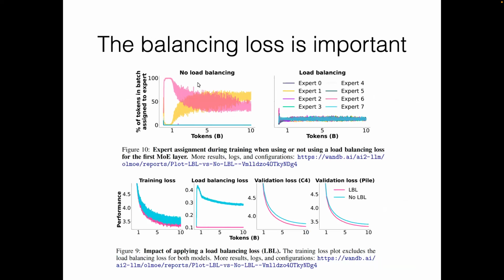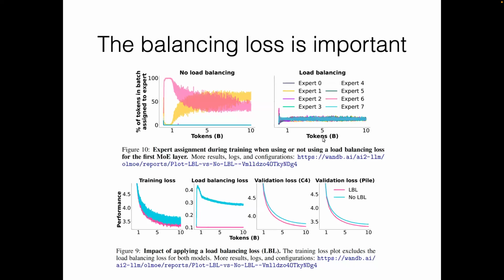And you could see that without the load balancing loss, at first it basically learns to route 100% to this pink expert. Then maybe it gets a bit more reasonable, but still it's basically using 2 out of the 8 available experts and setting the rest to 0. Okay, so it's a really real phenomenon that happens. Here you could see with this heuristic balancing loss, it's fairly uniform across experts. So it actually works pretty well.